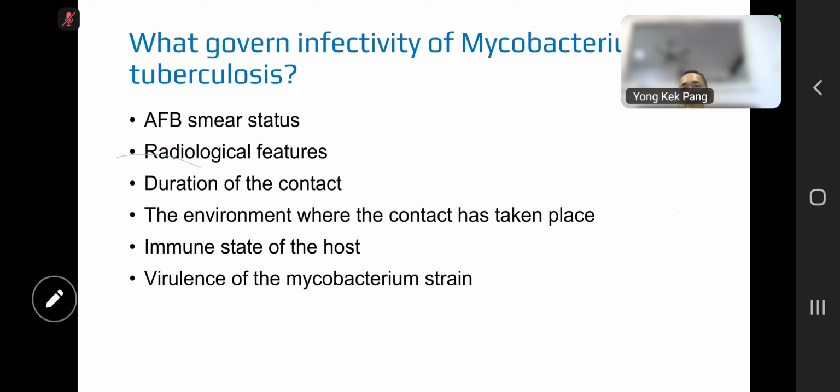And then the virulence of the Mycobacterium strain. Of course, this is difficult for us to identify because we don't routinely test the virulence of the Mycobacterium, so this exists only in principle.